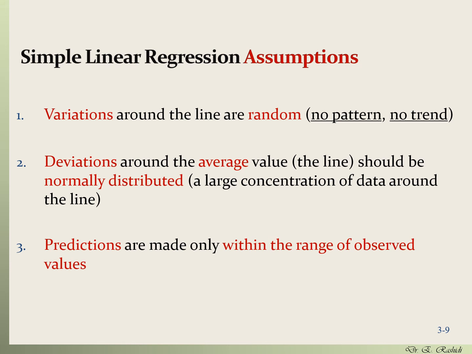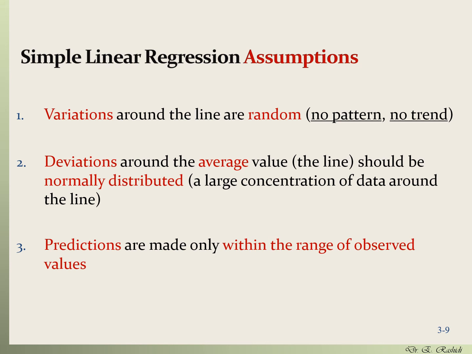The next assumption is that the predictions are made only within the range of observed values. This is very important. You could have a very good regression model with a high R-squared value, and then misuse that regression line easily and get an incorrect result.